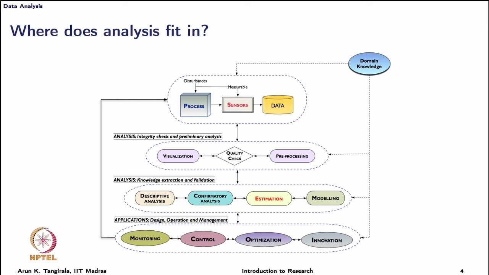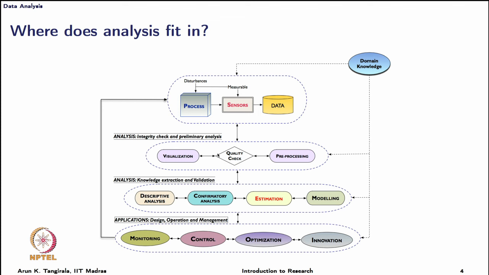In this module, of course, we are not going to talk about how to collect data, the techniques of sampling and so on. We are more worried about analyzing data. So, once I have data, typically I put it through certain steps, and we will talk about this a bit later. The purpose of this schematic is to tell you where analysis fits in.